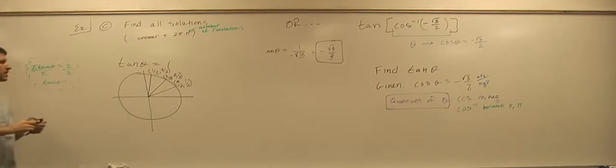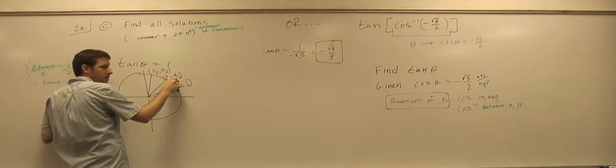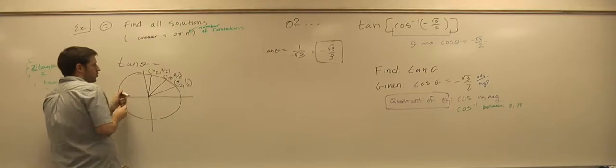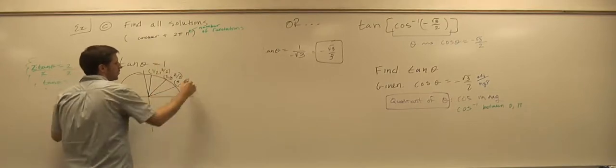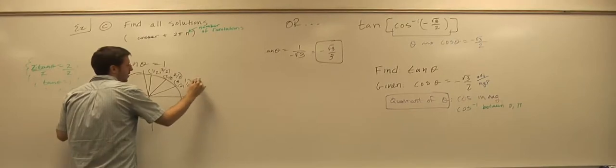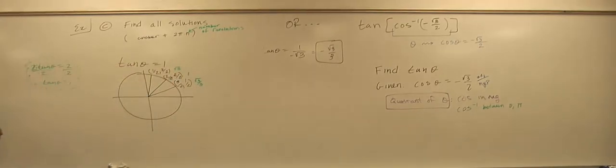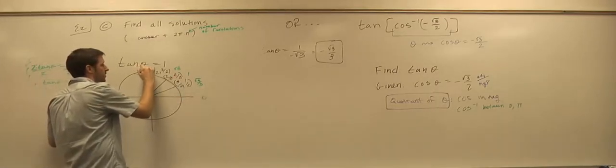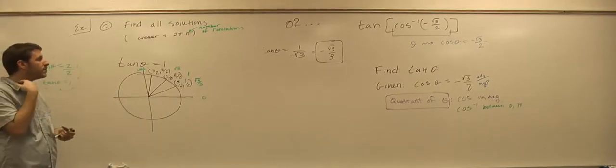Pi over 4, because x and y are the same, so when you divide y over x, you get 1. Another helpful thing to have memorized are just straight up tangent values. Tangent goes root 3 over 3, 1, root 3, and then you have 0 down here and undefined up here. So those are all the tangent values we know.